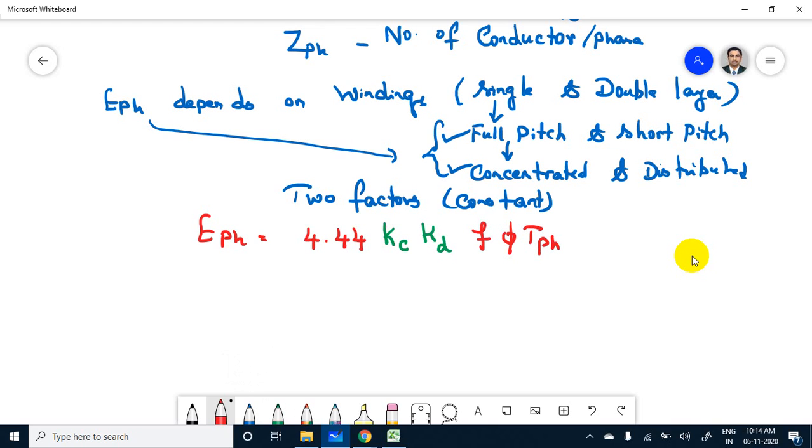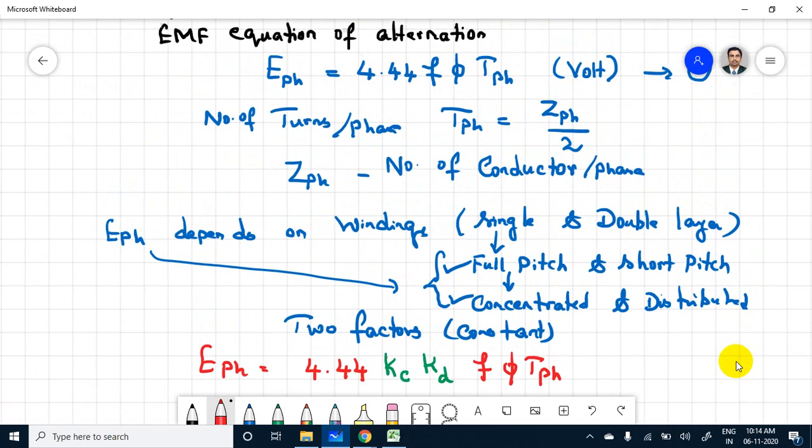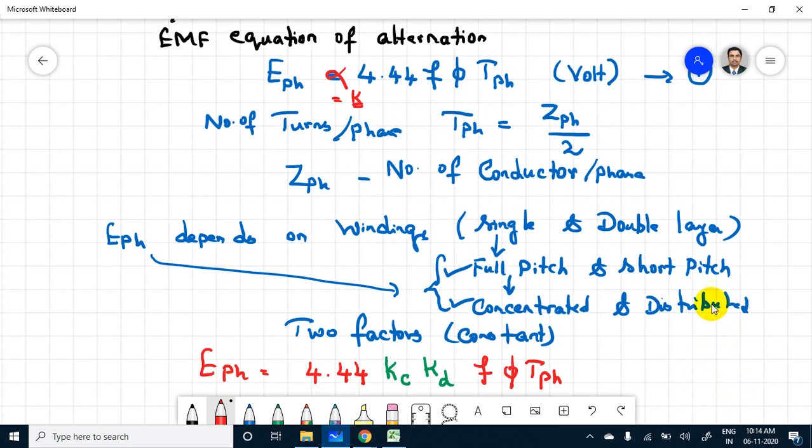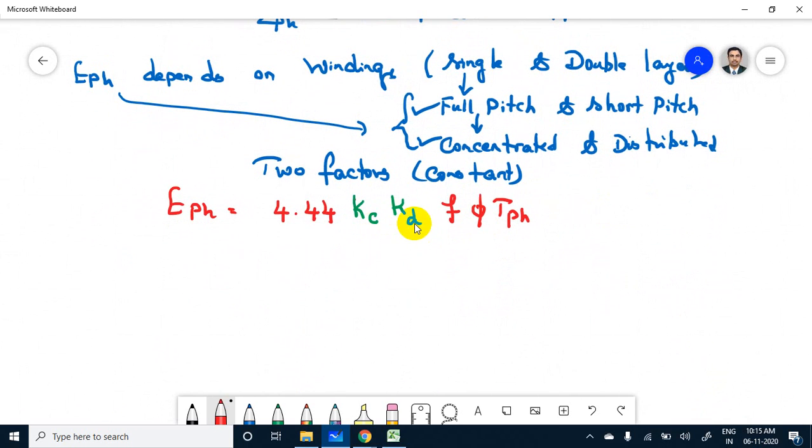Because here the EMF is directly proportional to 4.44 F phi T phase. When you take this proportional symbol, you will get a constant term. This constant term is nothing but Kc into Kd. The constant K is equal to Kc Kd.